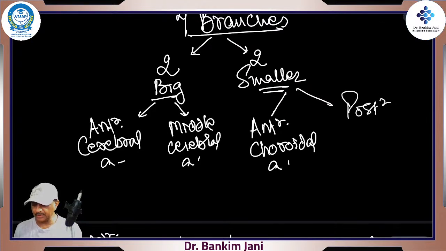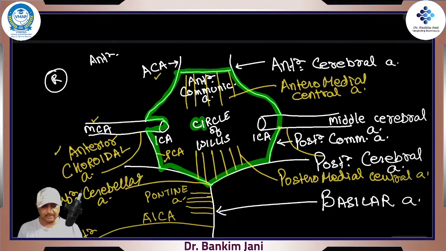Because the anterior communicating artery would be communicating between anterior cerebral to anterior cerebral. So these are the four branches: two major branches, and the anterior choroidal and the posterior communicating artery. So these are the four for the anterior circulation.